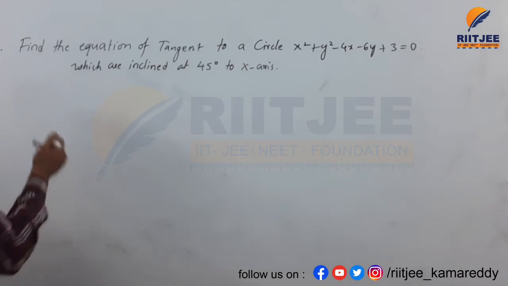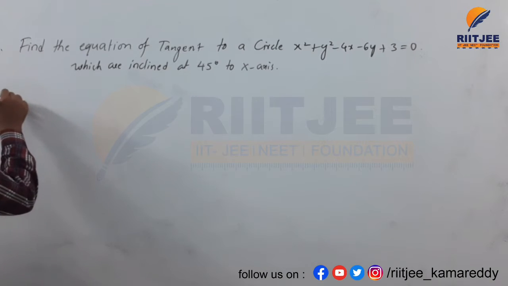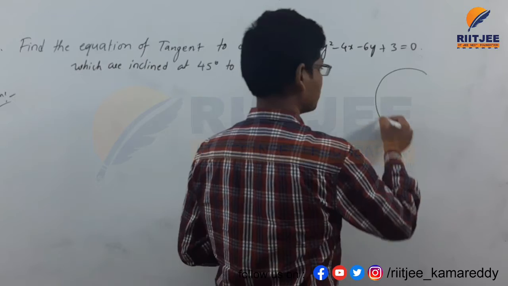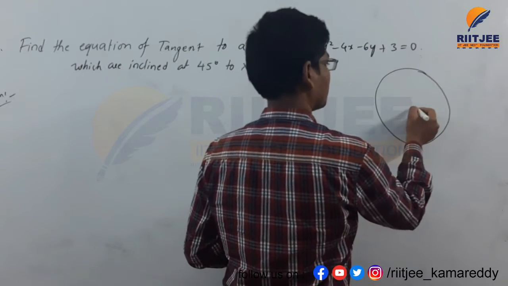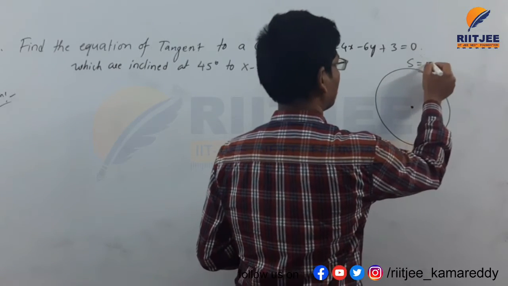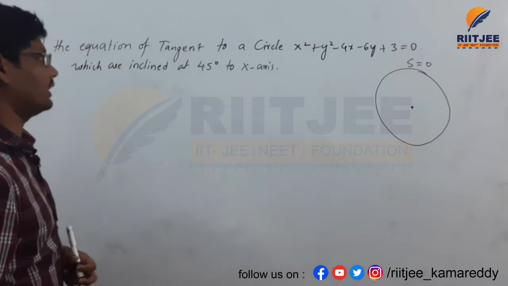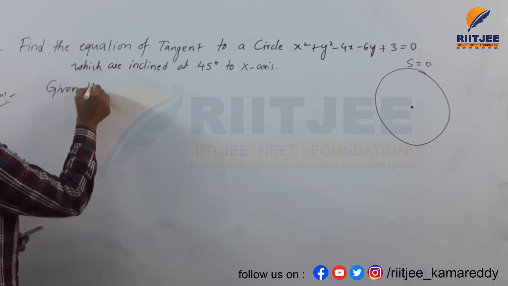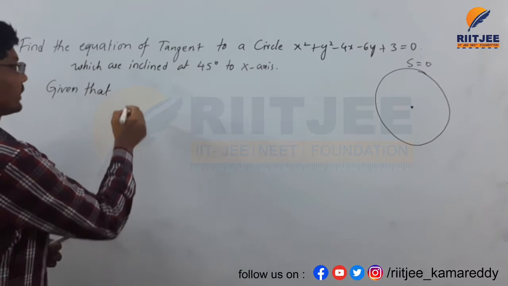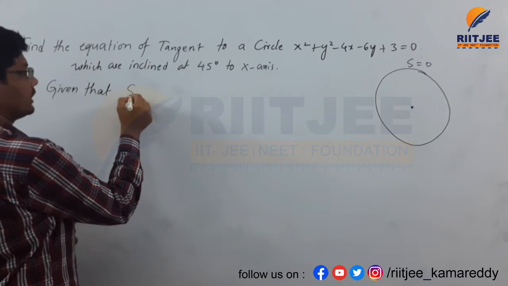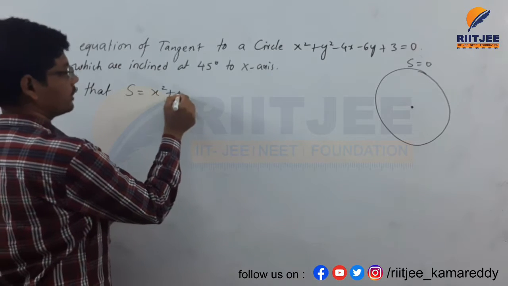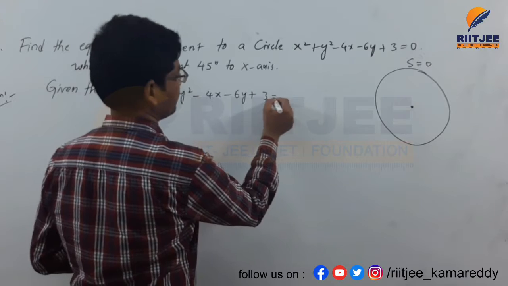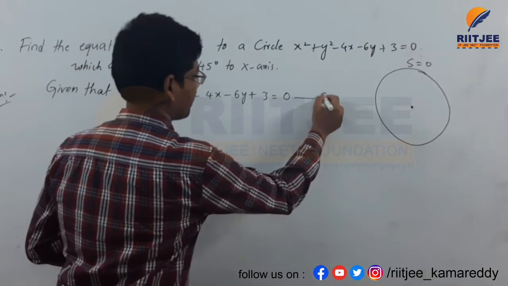The solution for this one: he has given one circle, S is equal to 0, that is S equals x square plus y square minus 4x minus 6y plus 3 is equal to 0, and this is equation number 1.